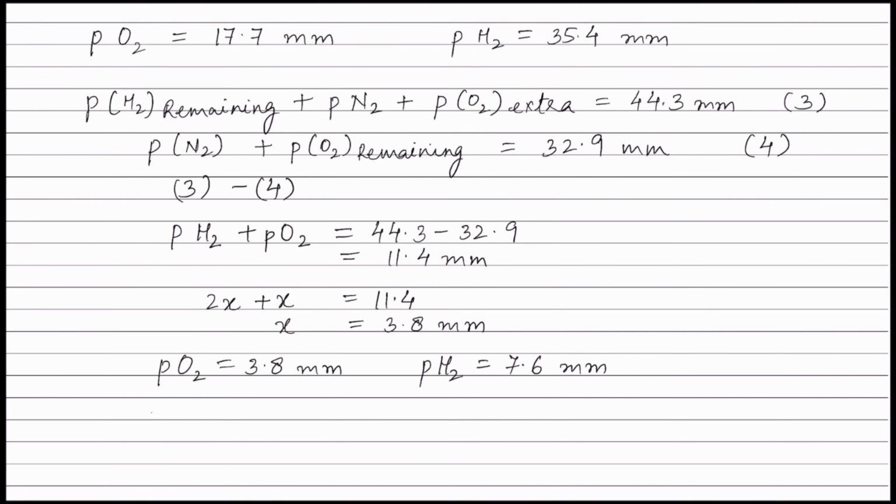Therefore, the partial pressure of hydrogen which was present initially and took part in both the reactions is equal to 35.4 plus 7.6, and this is equal to 43 mm. Partial pressure of oxygen which was present initially is equal to 17.7 mm.